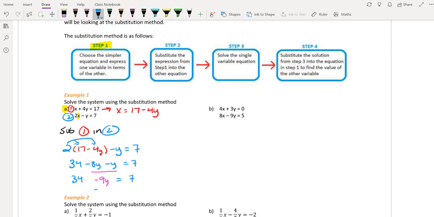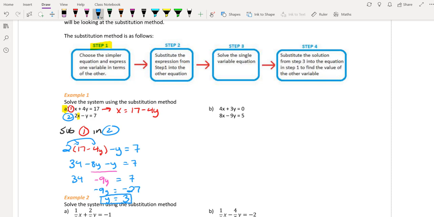So we have negative 9y is equal to negative 27, that would be. And 7 minus 34, negative 27. Then divide by negative 9 on both sides. So 27 divided by 9, we end up with y is equal to 3.